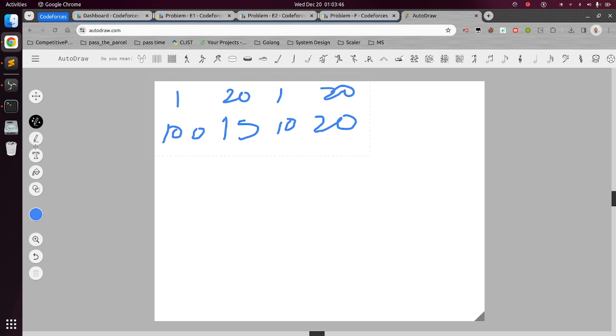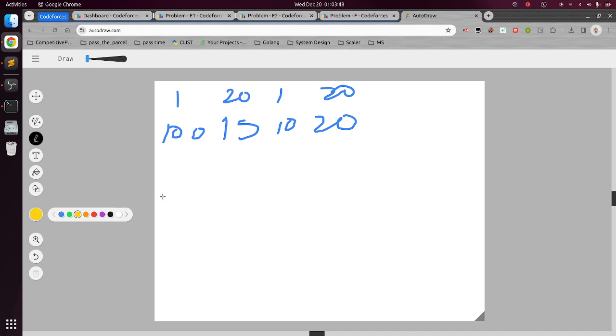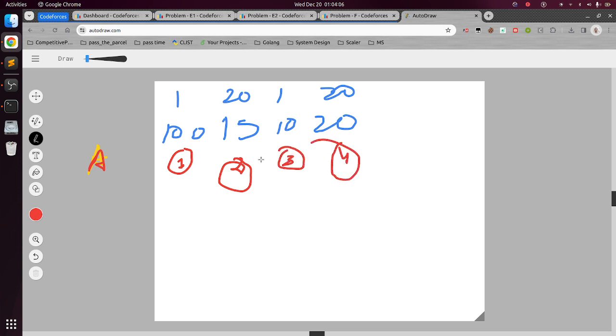Let's go. In the first move, Allies has a choice. Allies can choose any of the marble colors. This is color 1, this is color 2, this is color 3, this is color 4. Allies can choose any color.